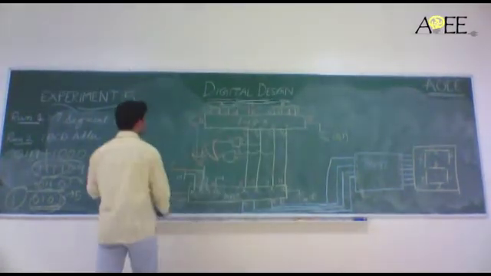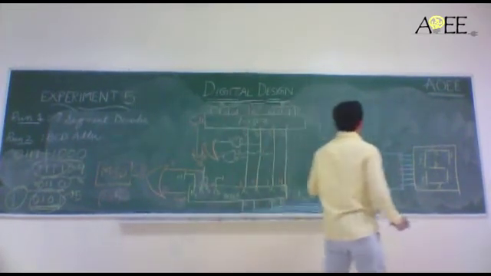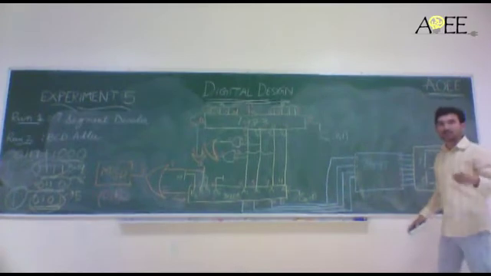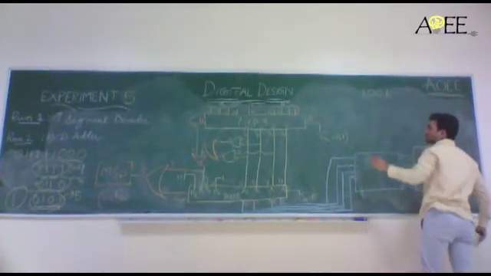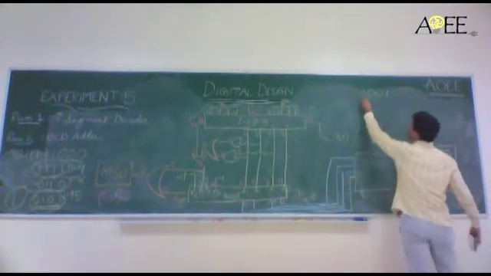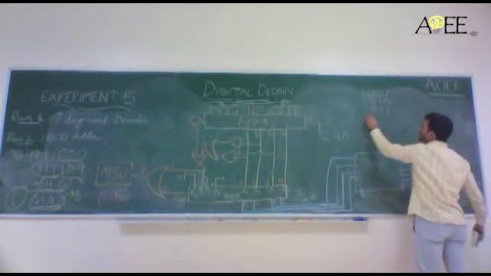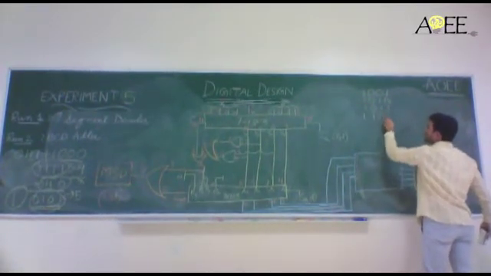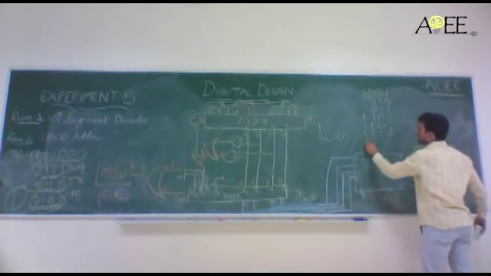Alright. So let's see the logic. The truth table for any number that will be greater than 9 is, suppose 9 is 1001. So let's say the sum gives me 9 or any number greater than 9. So 1010 will be greater than 9, 1011 will be greater than 9, 1100, 1101, 1110 and 1111.